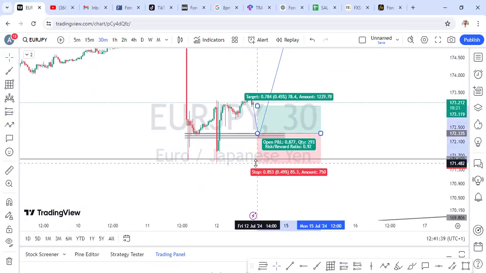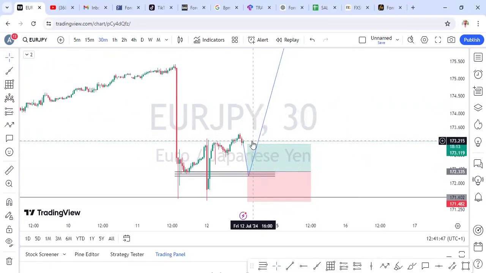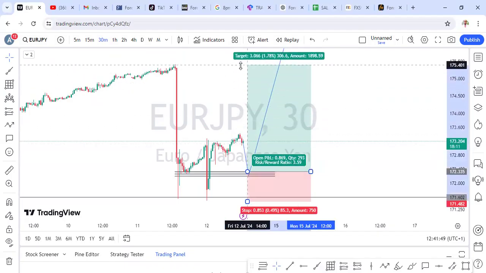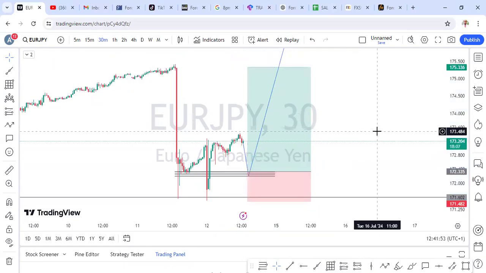Our stop loss will just be in this low here. It's still wide though. It's a very fast pair. That's about 85 pips. Then we can target this play about 300 pips. So that is what I'm seeing.